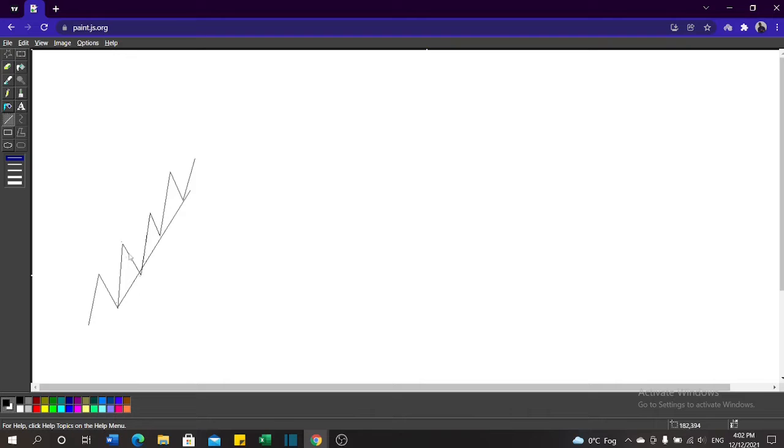And same as when we look on top here, there's another trend line we can draw in this area. There's an upper trend line and a lower trend line. And this can be called a channel.